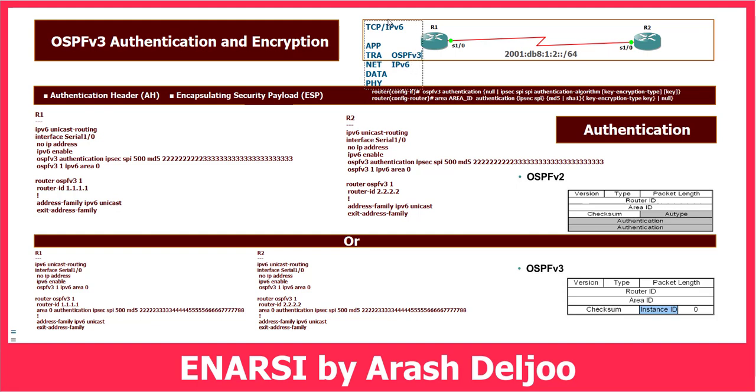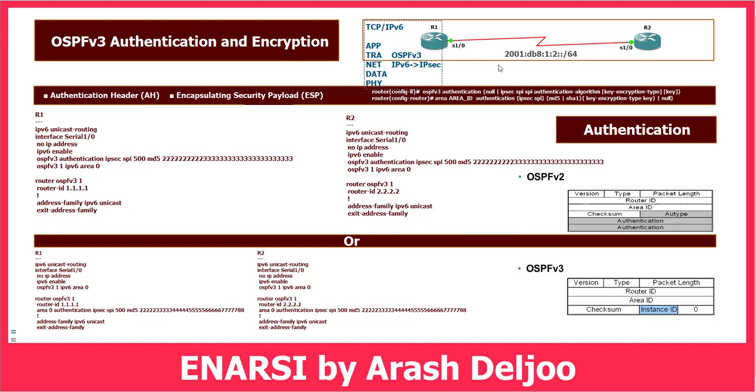Inside of OSPFv3 we don't have the authentication mechanism, but in IPv6 we have the option of enabling IPsec. Actually, the IPsec or IP security framework can be used for securing all of the applications that we are sending over IPv6. We can say that in IPv6, in most cases, we don't enable authentication and encryption inside of each protocol or each application.